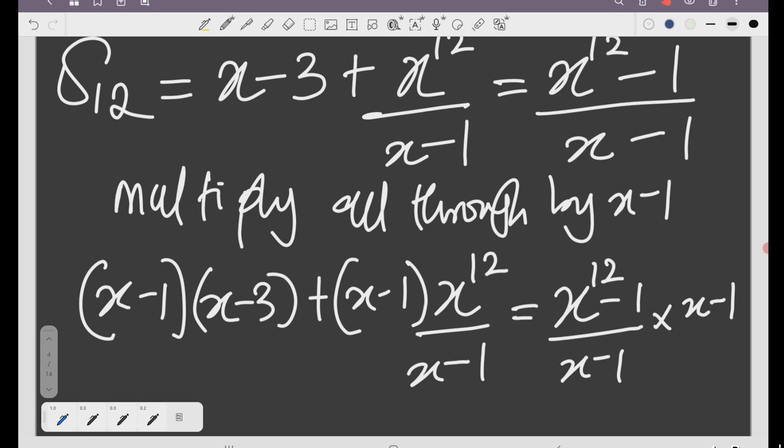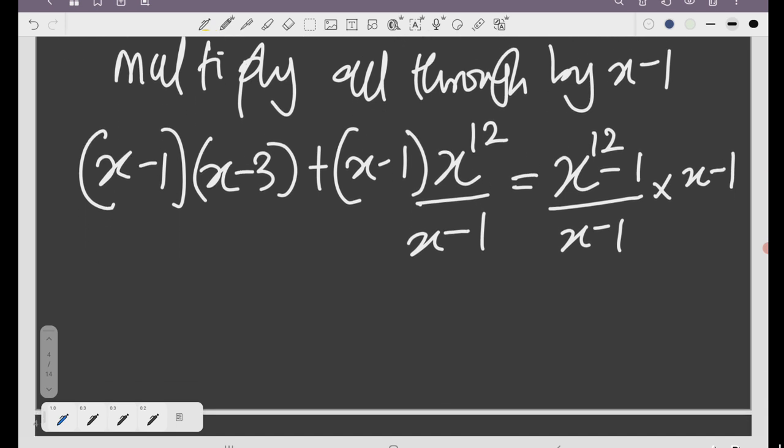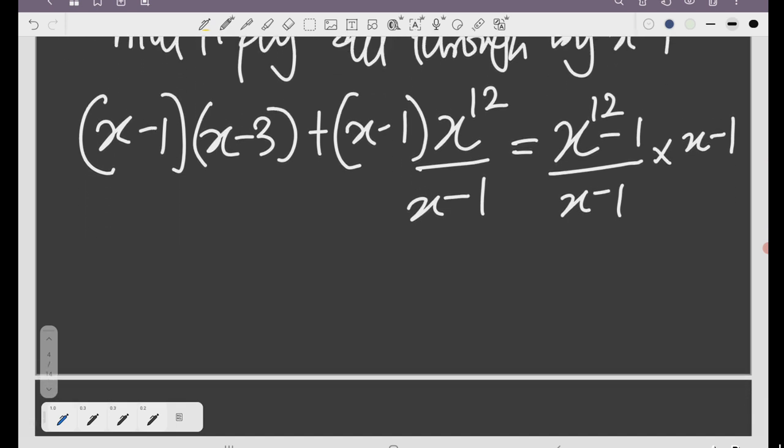Now what you want is to simplify this. In the process of simplification, you expand this: x times x will give you x squared, minus 3x, minus x, plus 3.